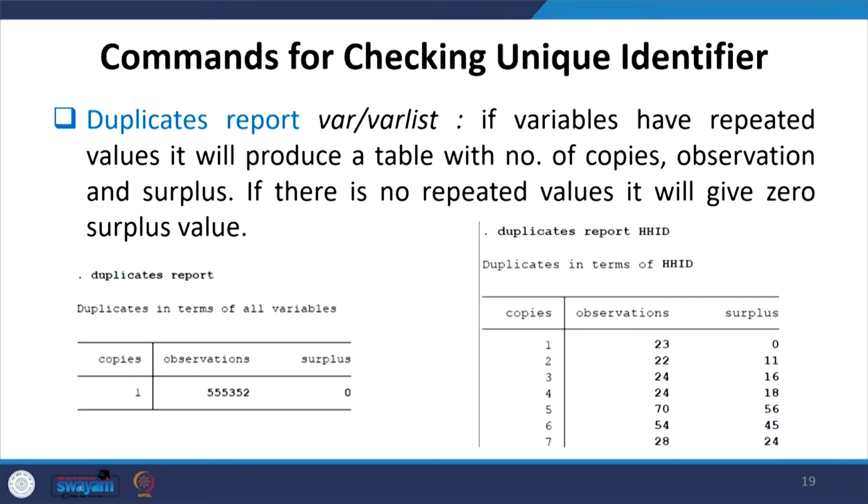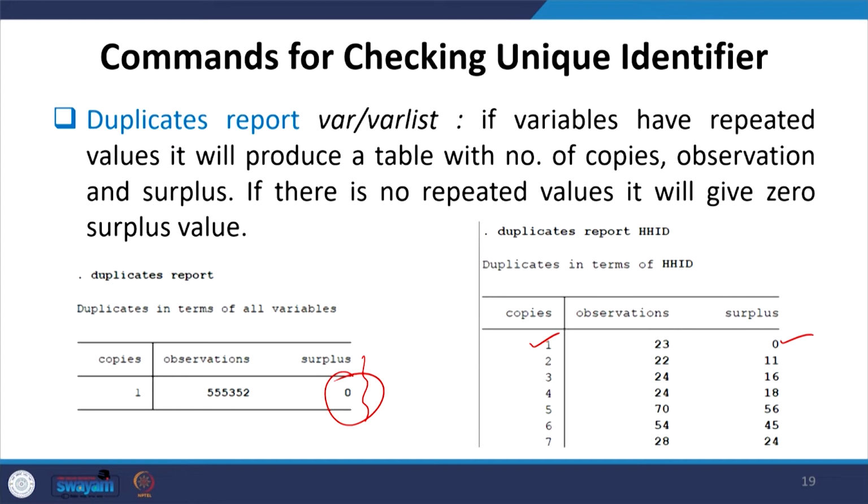For duplicates in terms of all variables, if the surplus comes out to be 0, that means your database does not have any duplications. Here we can see that the surplus is 0 for these 23 observations, no duplications, but in all other cases there are some duplications.